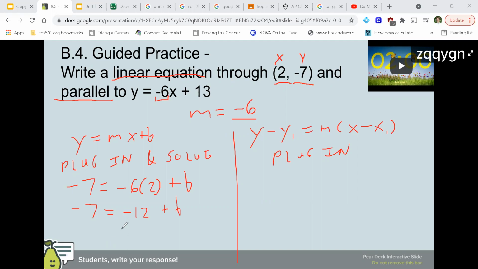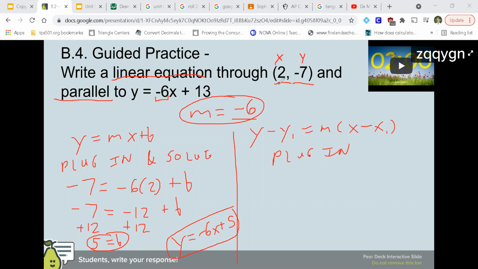Add 12. So then I believe that gives us 5, right? So then for this one, m is -6, b is 5. Our equation is y equals -6x plus 5. That line is parallel to the one we were given and goes through this point.